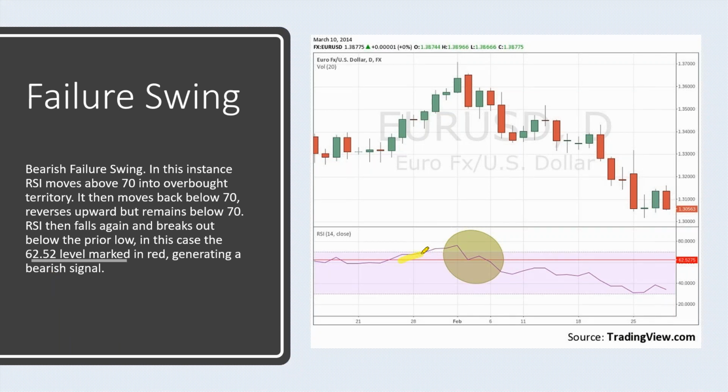So we saw the RSI move above the 70 level, fall back down, come back up, wasn't able to hold it, and then failed to make a new high. And then when it broke the 50 line, that is a very good indication that we've gotten a very good sell signal, a reversal signal for that asset.